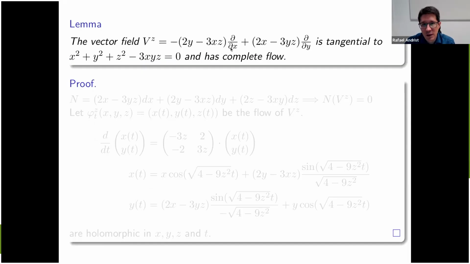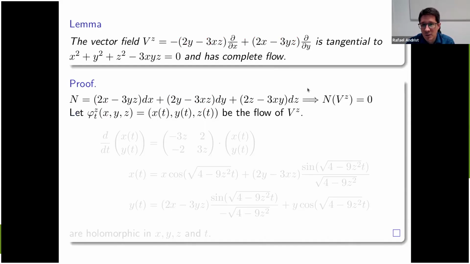No z derivative, only x and y derivative, with these linear and quadratic terms here. And the claim is this one is tangential and has complete flow. Tangential is very easy. You look at the one form whose kernel is the tangent space, and you just take what is in front of the dx and put it in front of the partial derivative in y, and same for the other with the minus, then you immediately get that this is tangential.